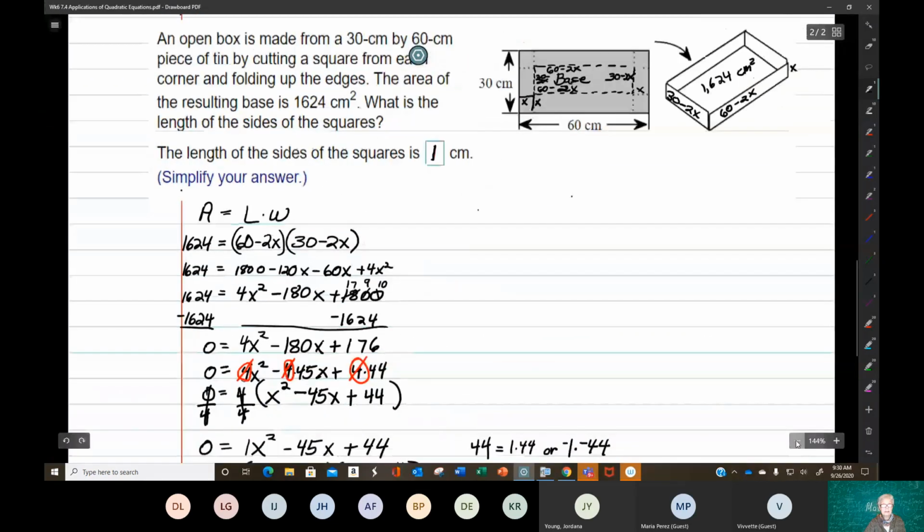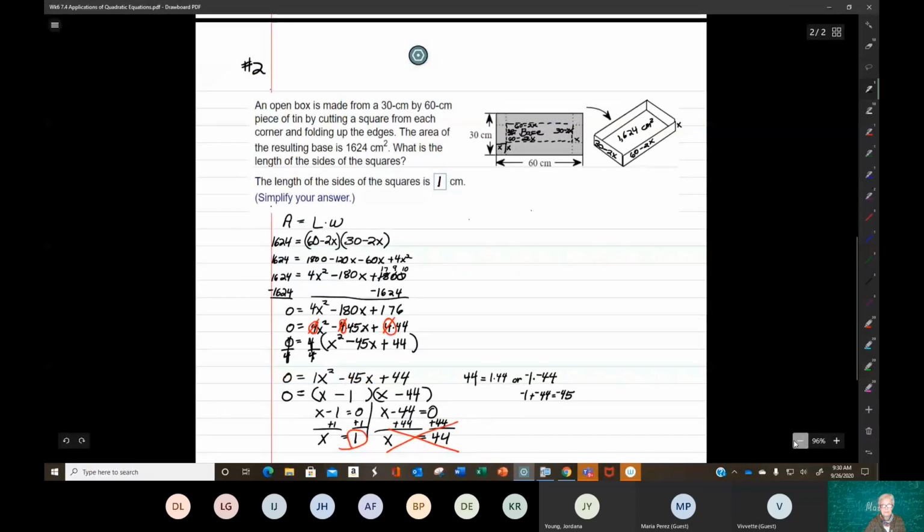Discussion about this. Miss Barbara, at the top is where I lost you. So where we have the 1624 equals 1800 minus 120x minus 60x plus 4x squared, where did the 4x squared come from? Negative 2x times negative 2x.